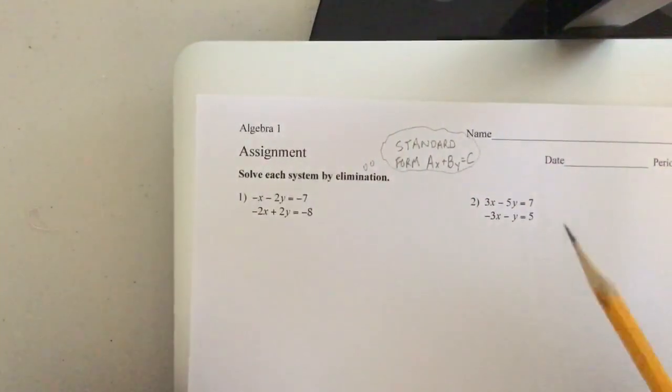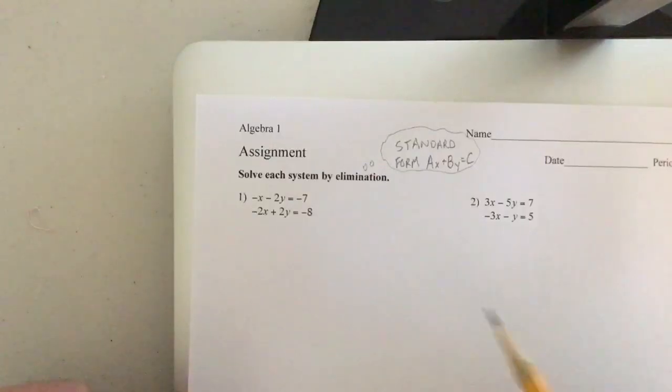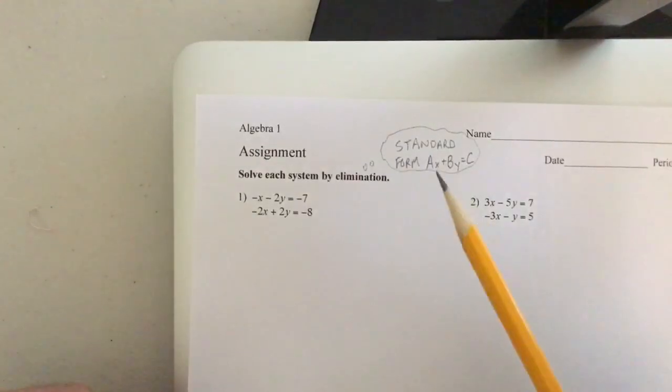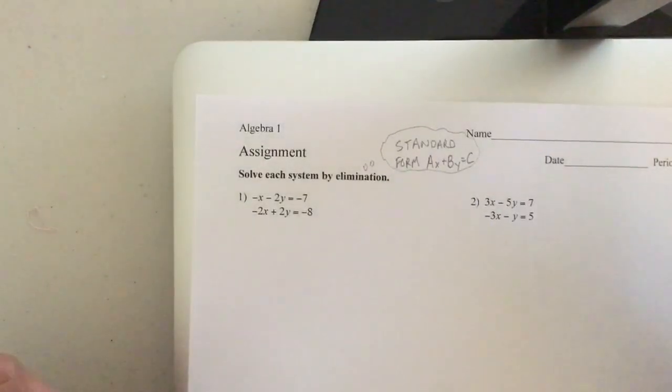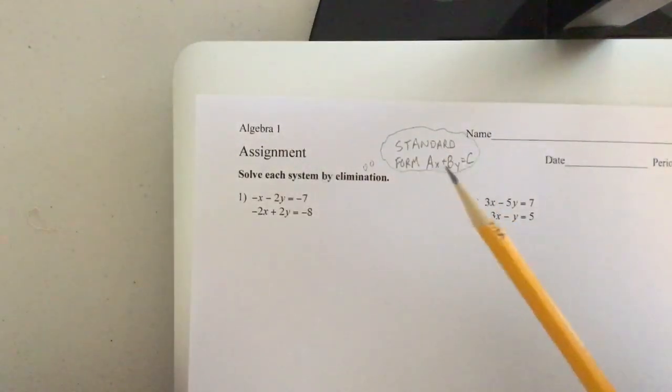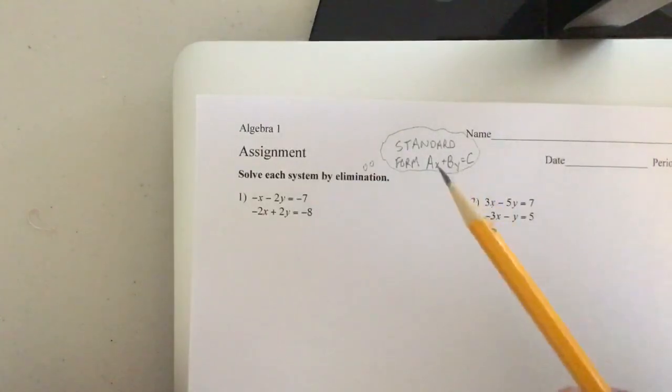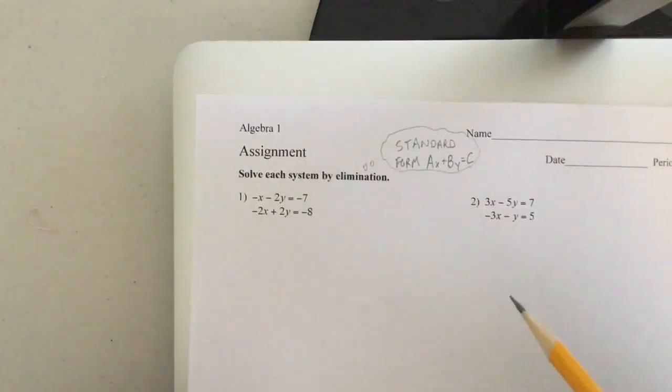To be 110% honest with you, every equation that we have in today's notes is already in standard form. Every equation on your homework is already in standard form. But tomorrow when we do another video, it's not going to be quite that easy.